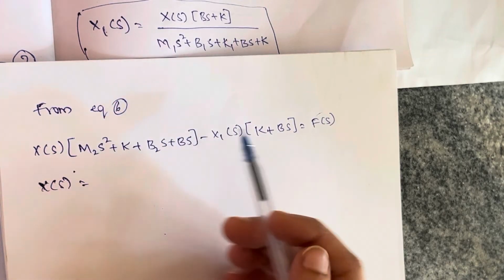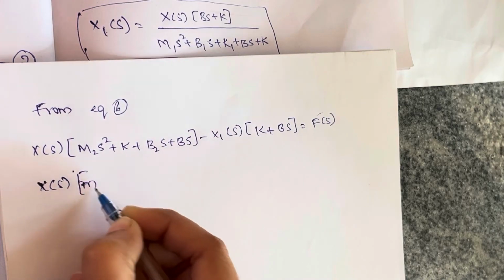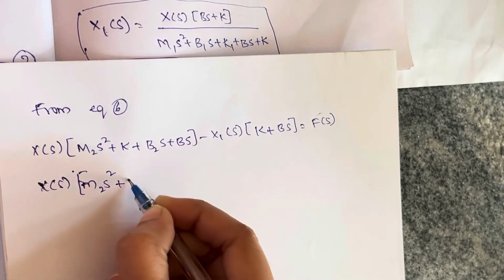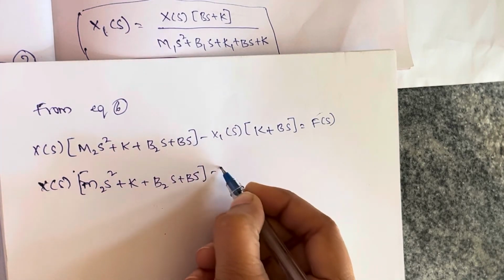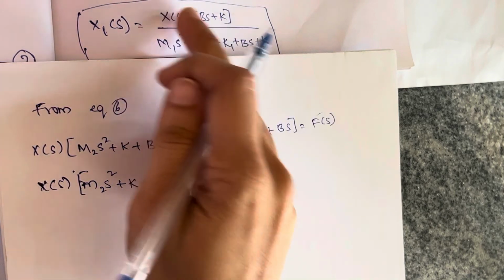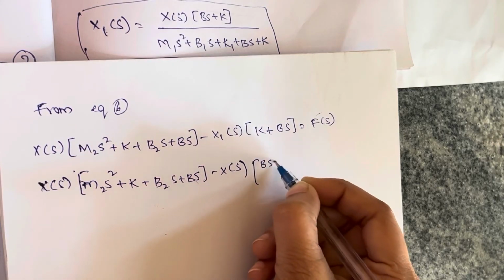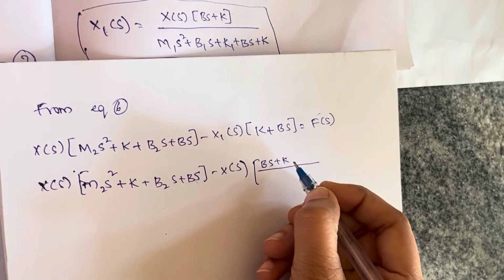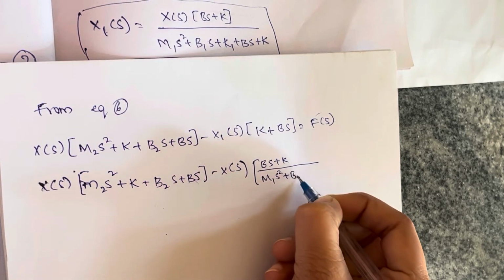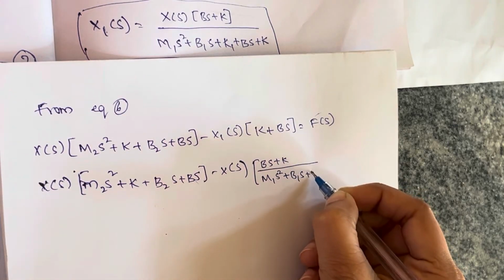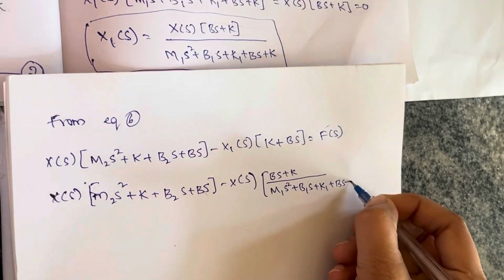We have x1 of s, then substitute here, then we get m2 s square plus k plus b2s plus bs minus x of s times bs plus k by m1 s square plus b1s plus k1 plus bs plus k.